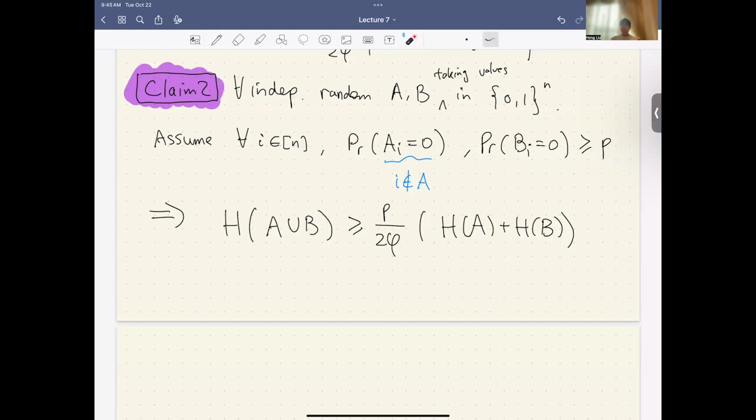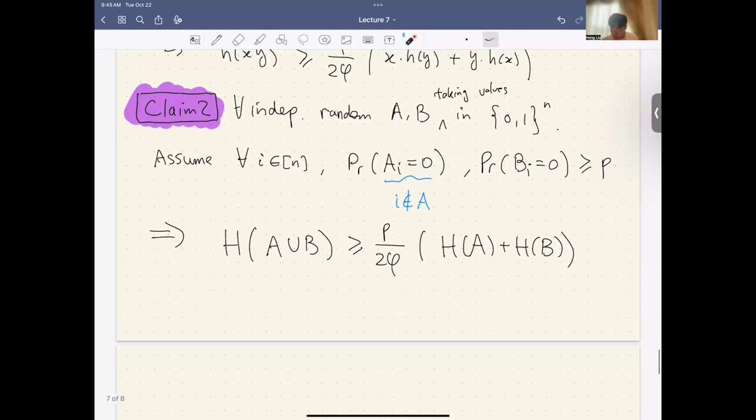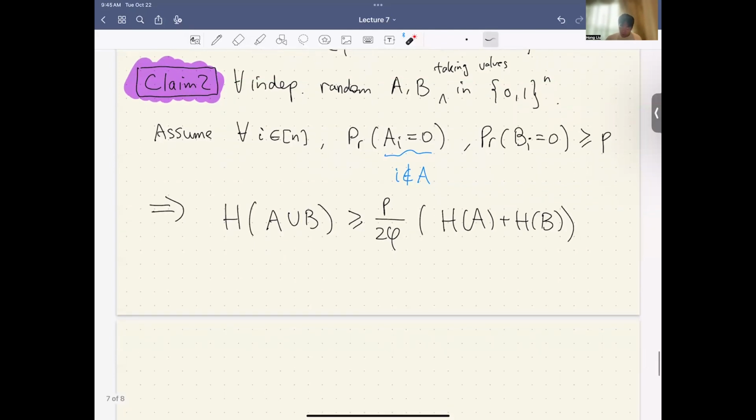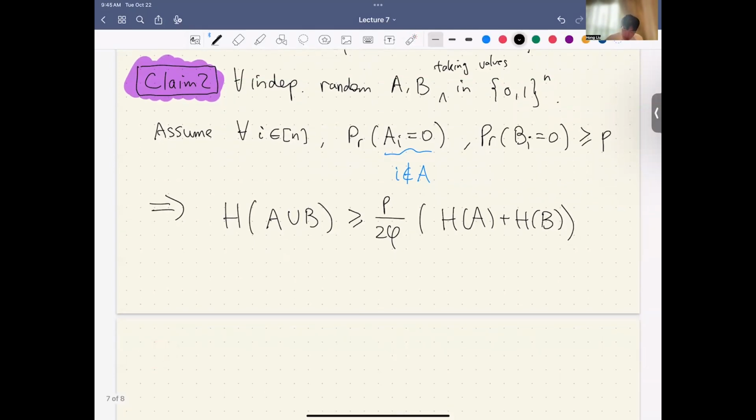Before proving the claim, let's just show how this claim will finish the proof. Claim 2 implies the theorem.